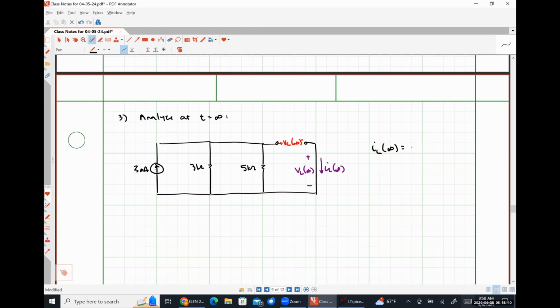Well, zero, definitely zero, because it's the current flowing in a not closed circuit. VL at infinity should be 0 volts because it's just the voltage drop across a short circuit. VC at infinity should be what? 45/8.